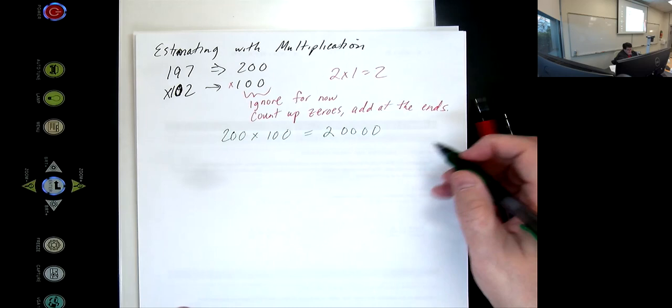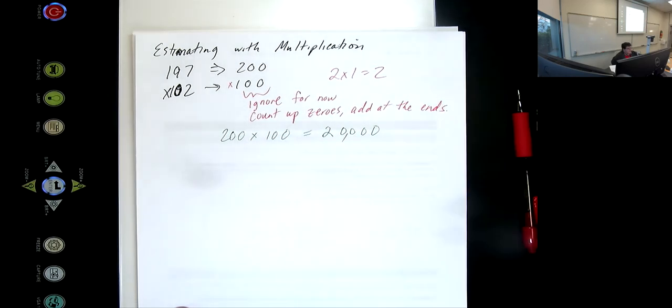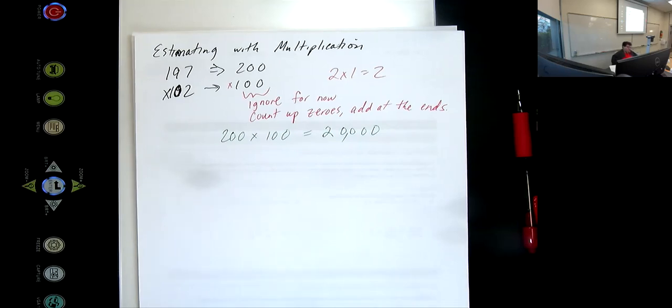I usually think it's easier to add the zeros in and then put the comma in. So your answer when you multiply should be close to that. It may be a little further away than addition or subtraction, but it should be in the 20,000 range. 29,000 or 23,000 is probably too far.